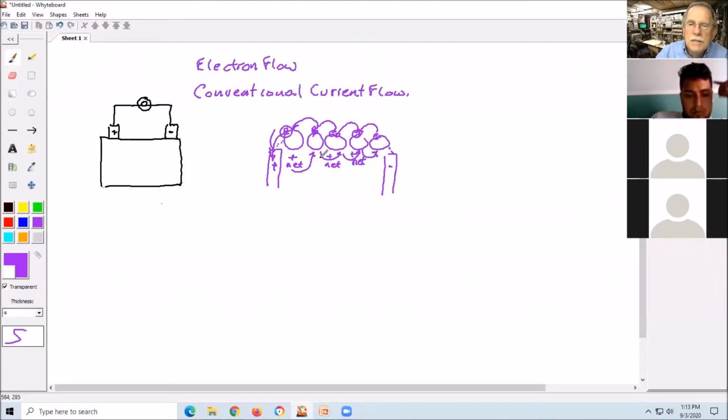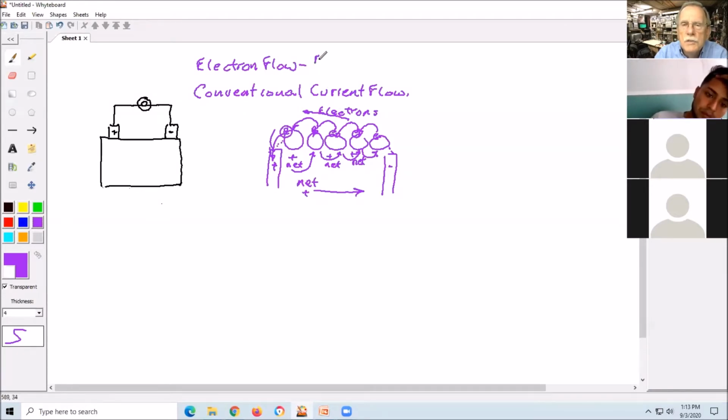So the electrons moved this way, from negative to positive. The net positive moved from positive to negative. So the difference here is conventional current versus electron flow.